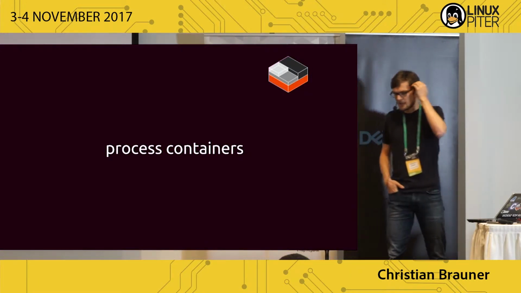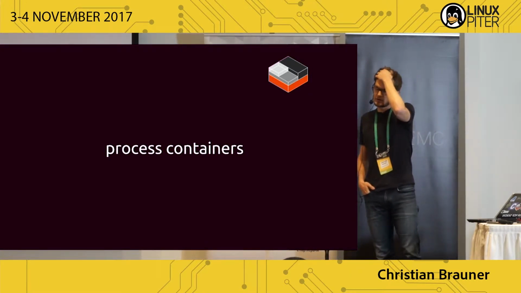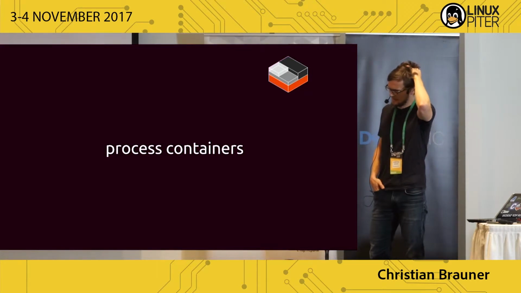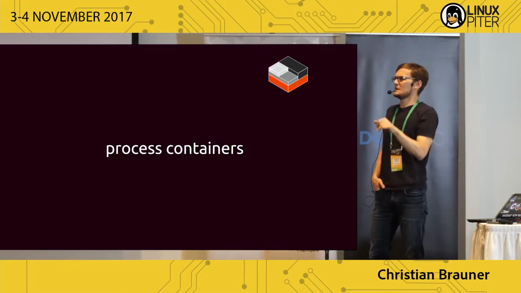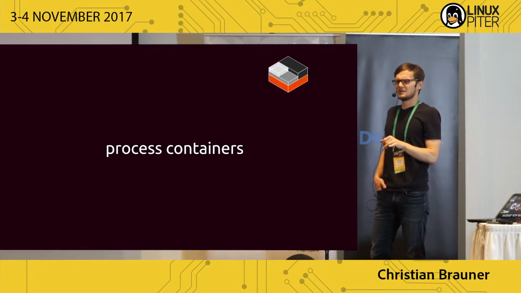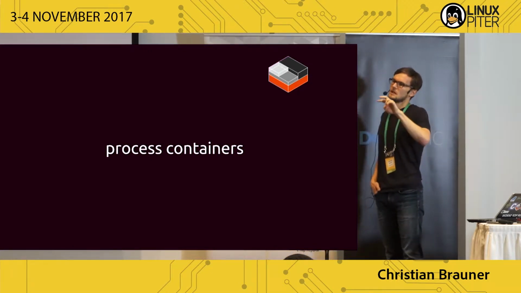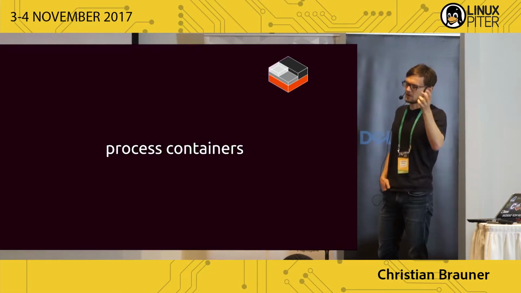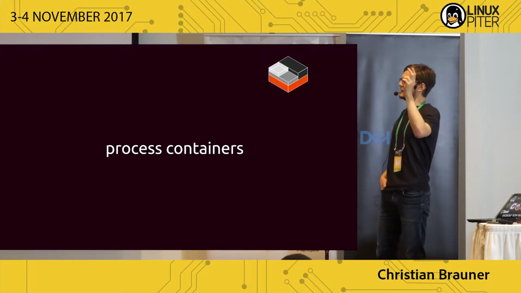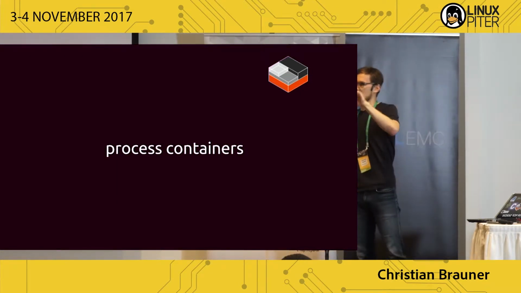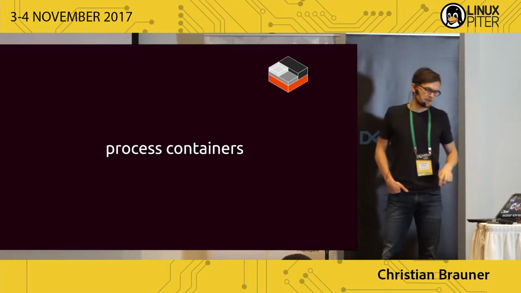And I've seen recently Docker switched to this as well. I think they have docker-init by now, and systemd-nspawn now also lets you specify, I think, a command line flag, --as-pid2, which basically means they run a stub init process, which does all of the reaping of the children, signal forwarding and that kind of stuff, and then runs the actual binary that you want to run in there as PID 2.